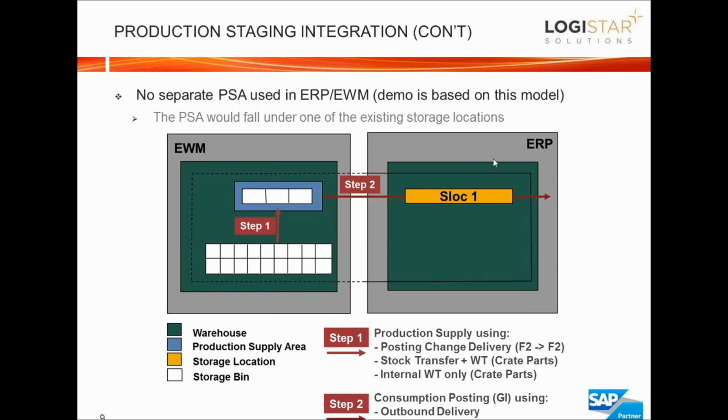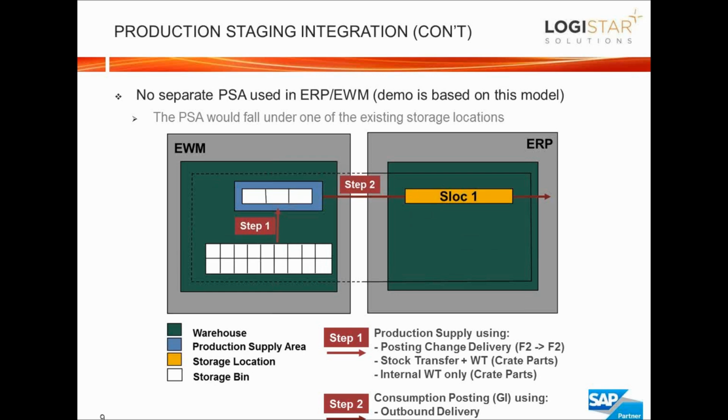So from an ERP perspective, the difference here is you're not going to see the goods systematically getting transferred. You're not going to see those goods in a PSA storage location. Ultimately, what's happening in EWM is just a bin-to-bin movement, and there's no stock movement being done in ERP.